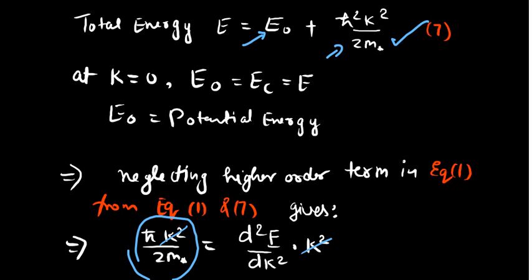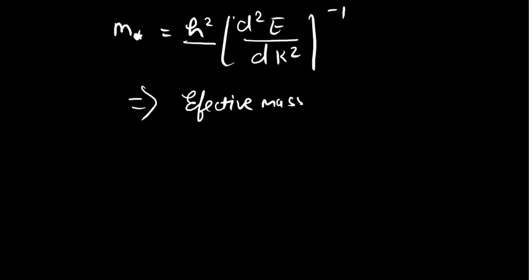So this K square cancels out and we get the effective mass m star is equal to h bar square into d2E upon dK2 to the power minus 1. This is the effective mass, or the mass during the motion at a particular energy level. The mass of the electron will be given by this equation. This is your effective mass. It can be derived by some other methods that I will discuss later.